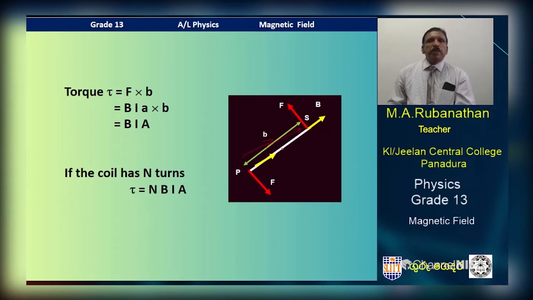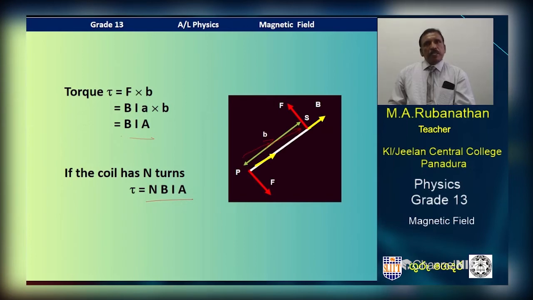Therefore, we write F into b as the torque on the coil. Again, applying F is equal to BIA, we get tau is equal to BIAb. Okay. So if the coil has N turns, again we get NBIAb.